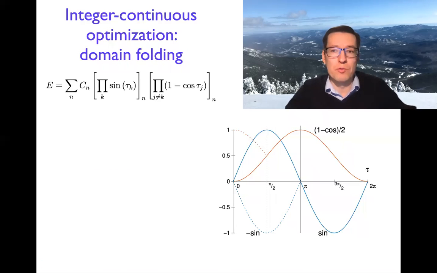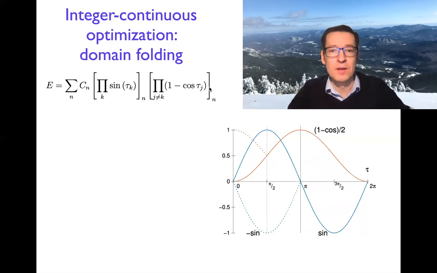Now, before we formulate how exactly the annealer will be useful, the first step in the process is to really introduce the integer variables in the optimization process. And the idea here is that the energy function is a relatively straightforward linear combination of trigonometric functions like sine and cosine, functions of amplitudes.